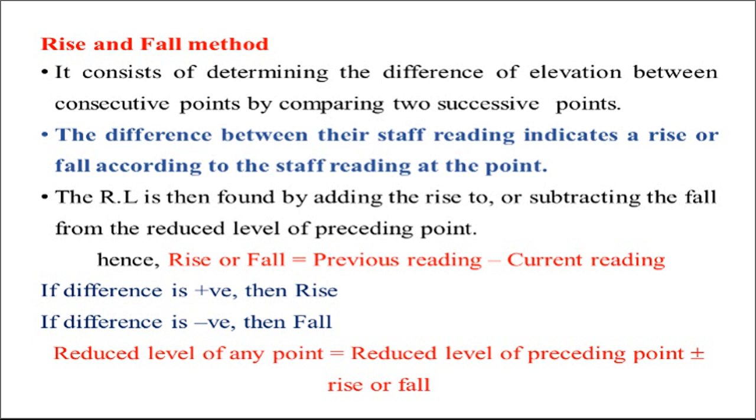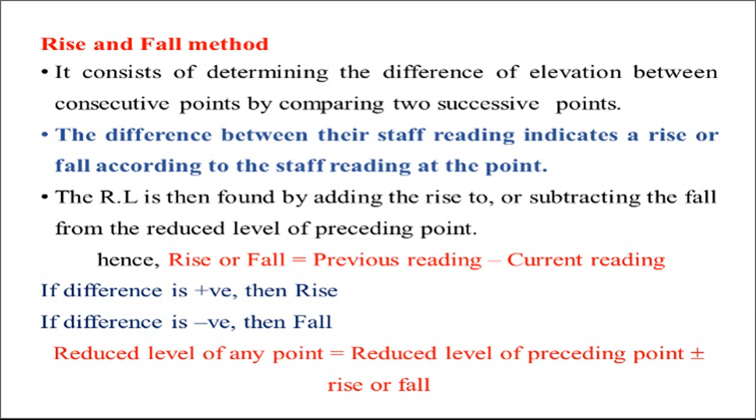The difference between their staff readings indicates a rise or fall. The reduced level is then calculated by adding rise to, or subtracting fall from, the reduced level of the preceding point. Hence, rise or fall is equal to previous reading minus current reading.